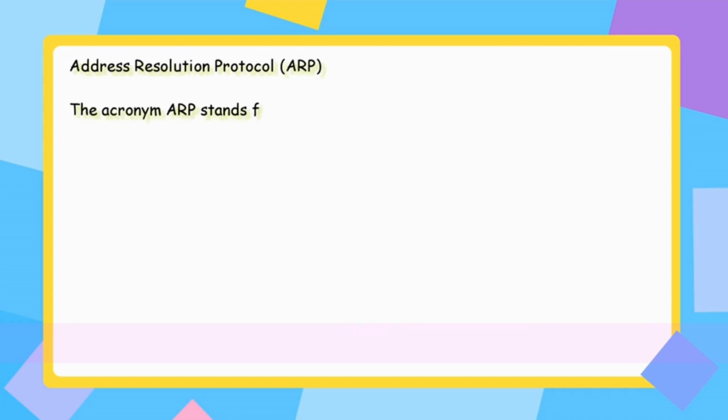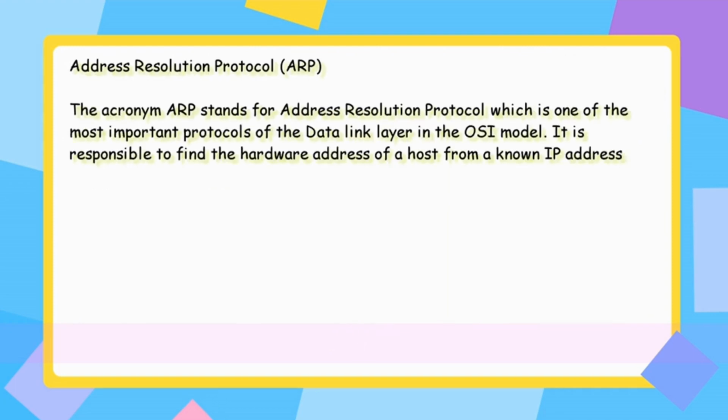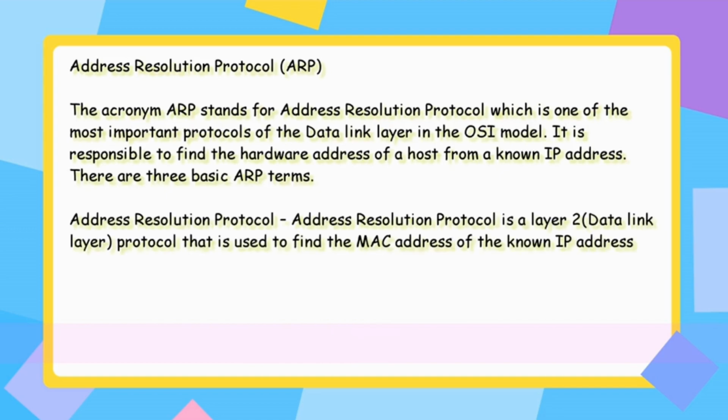Address Resolution Protocol. The acronym ARP stands for Address Resolution Protocol, which is one of the most important protocols of the data link layer in the OSI model. It is responsible for finding the hardware address of a host from a known IP address. There are three basic ARP terms.